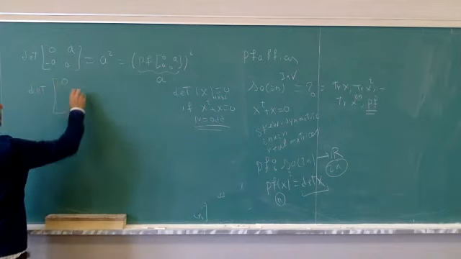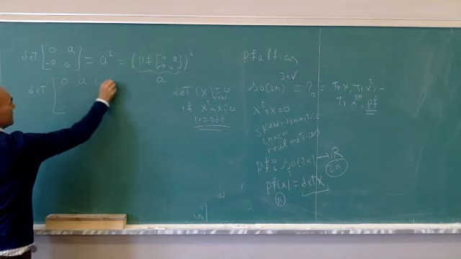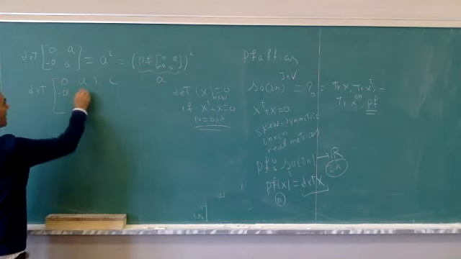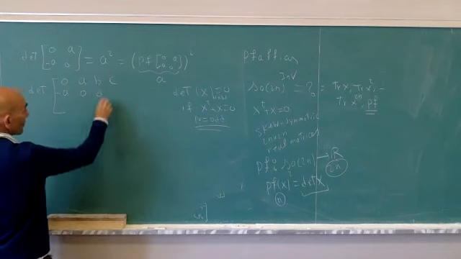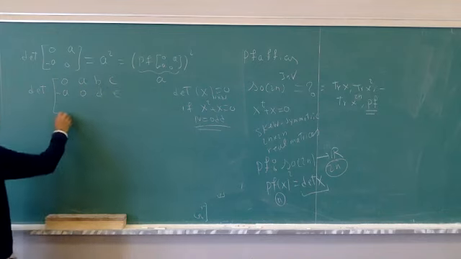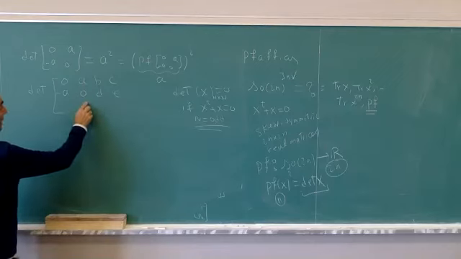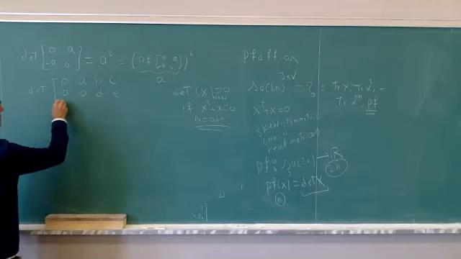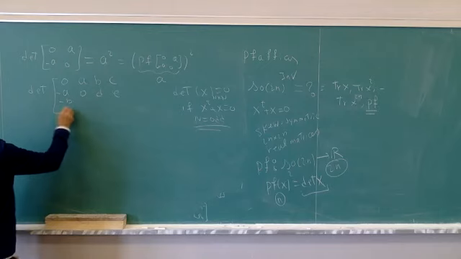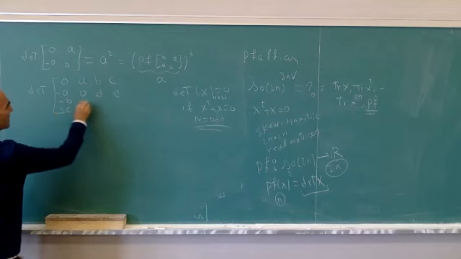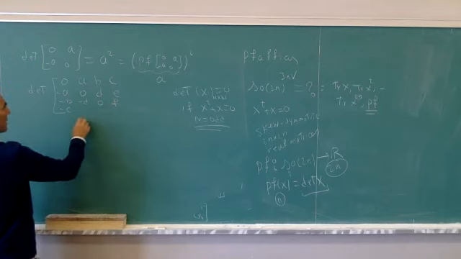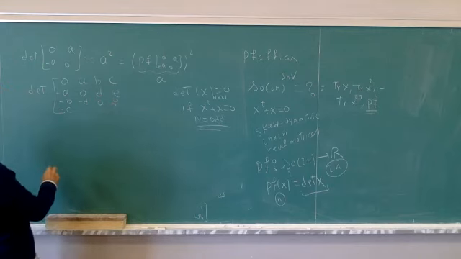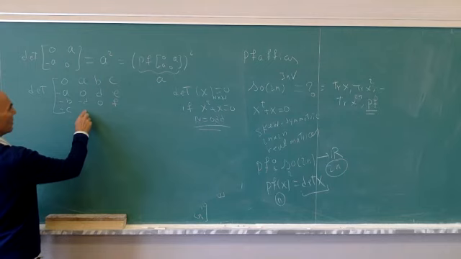You get 0, A, B, C, minus A, 0, D, E. Here is again what to put, minus B. I put minus C here, then minus D, 0, F. And here is, oh my God, what did I do, I don't know.